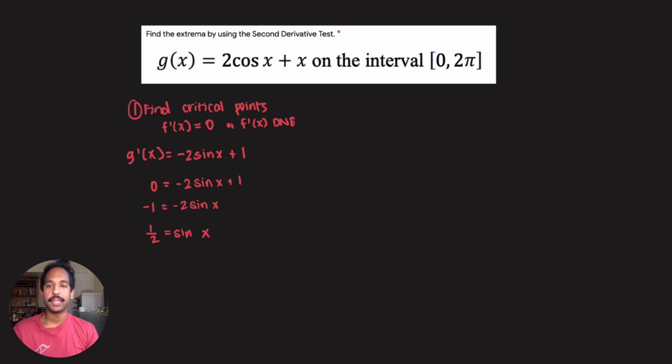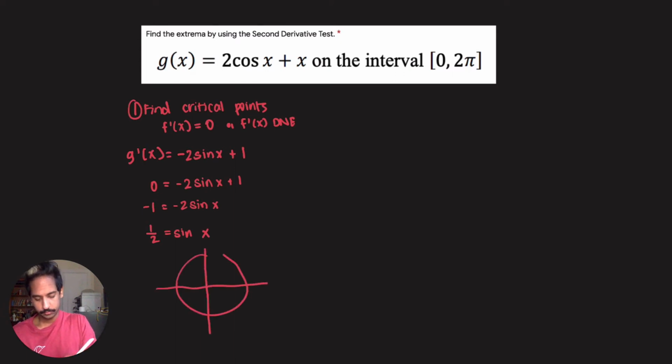This is where our handy-dandy unit circle always comes in. We want to figure out when is sine of x equal to 1/2, or when is sine of theta equal to 1/2 if you're thinking about the angles on the unit circle. I am going to just draw a rudimentary unit circle right here. And when is sine of x equal to 1/2?